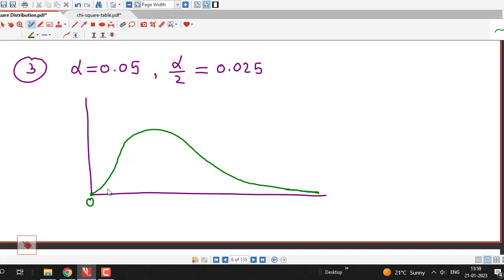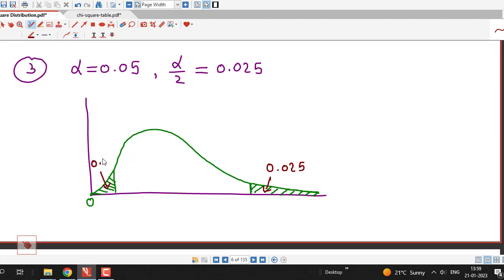This is 0, and now we say that the area in both the tails is equal, and that equal value is say 0.025. Here I consider 0.025.